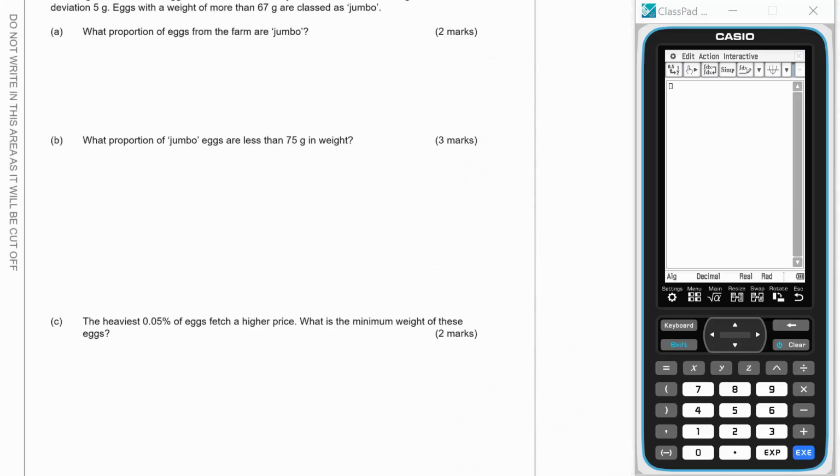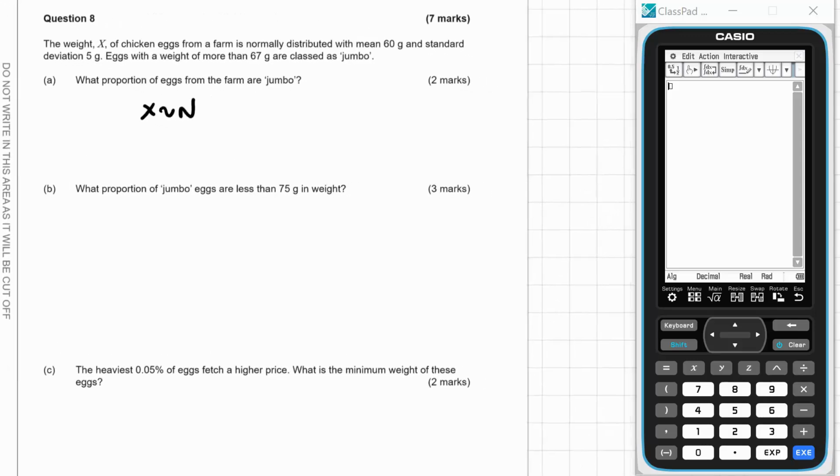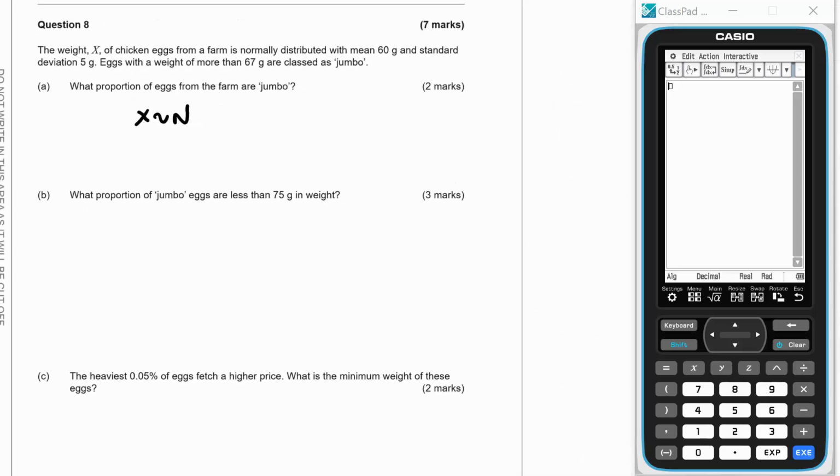So, we know that X is a normal distribution with a mean of 60 and a standard deviation of 5. And here we want the probability that X is more than 67.